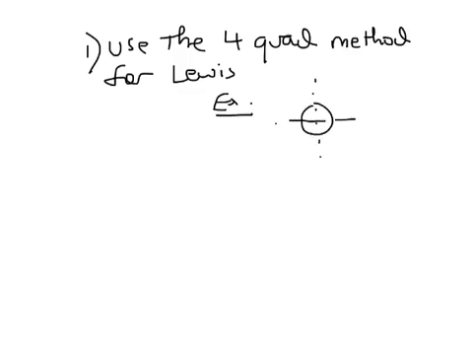Remember, you draw the quadrants. 1, 2, 3, 4, 5, 6. And that equals oxygen with the pairs over here, and then these unpaired electrons in the other quads. Okay, and so that's how you draw the Lewis structures in order to get the right shape.